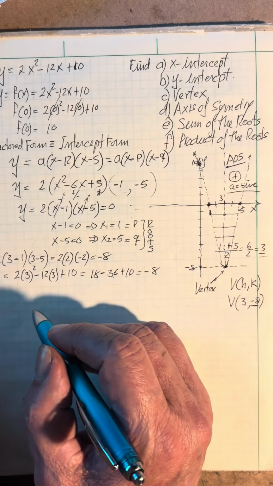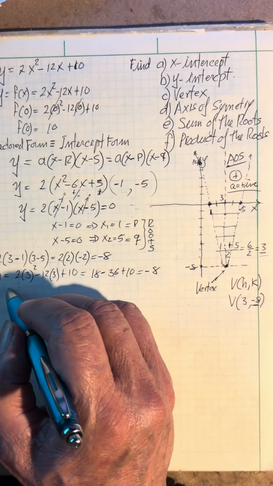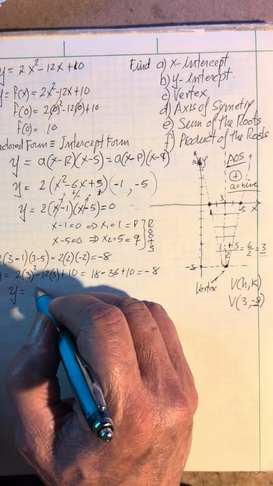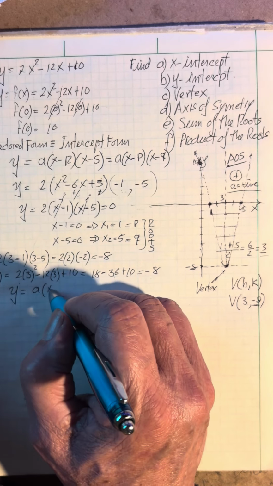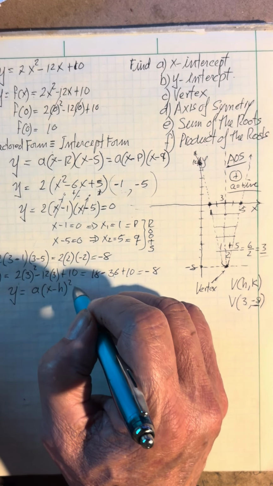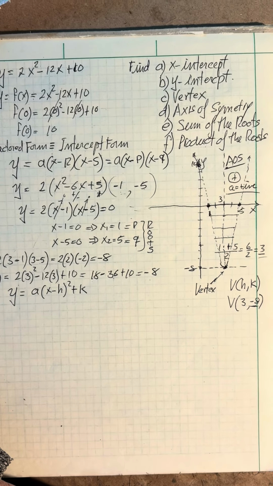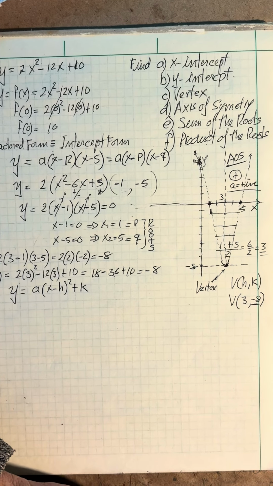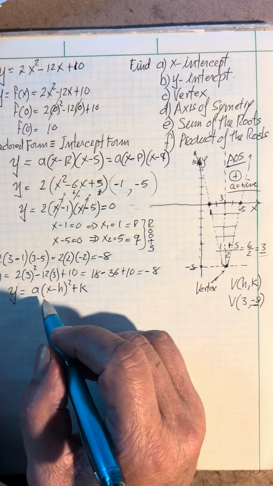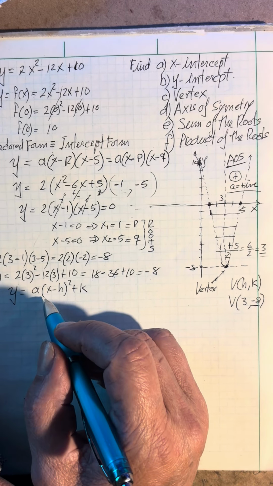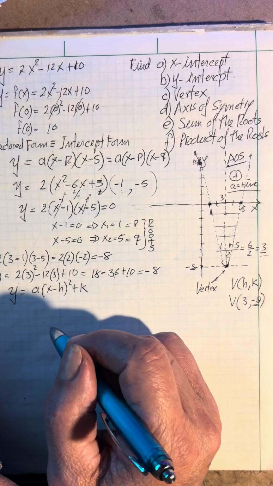Now we're going to use the vertex method, where it says y is equal to a(x minus h) squared plus k. Okay, so how do we do that? Well, simple.